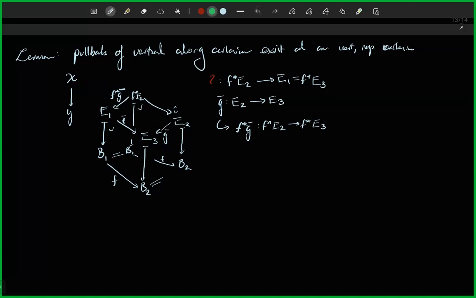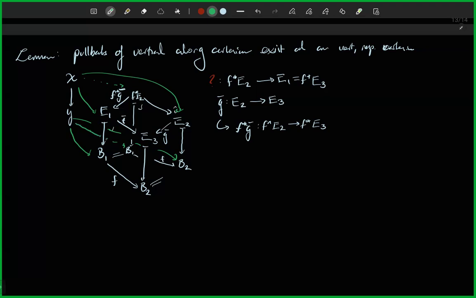So this goes all the way into here. This goes all the way into here. So that's what I start with. And now I need a map into here. Now that bottom one's very easy because I actually already have a map into B1.